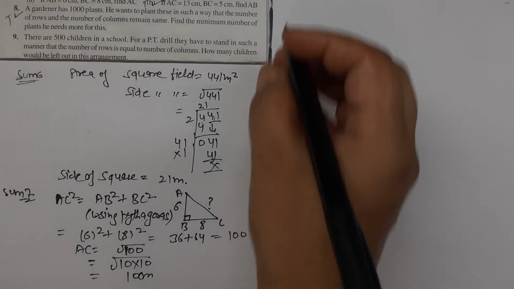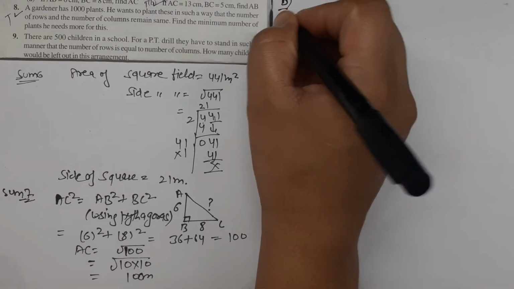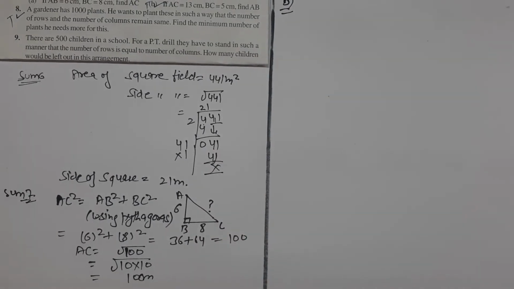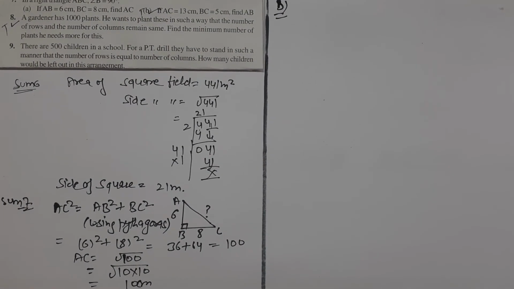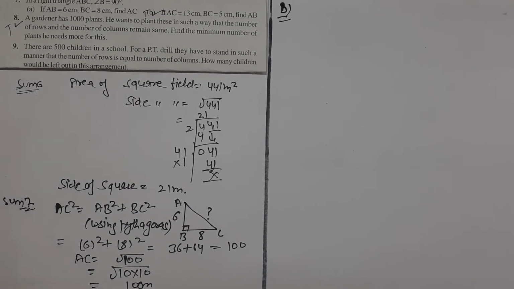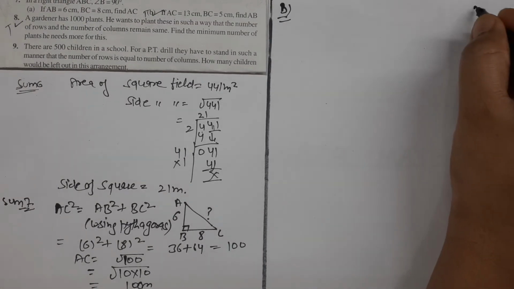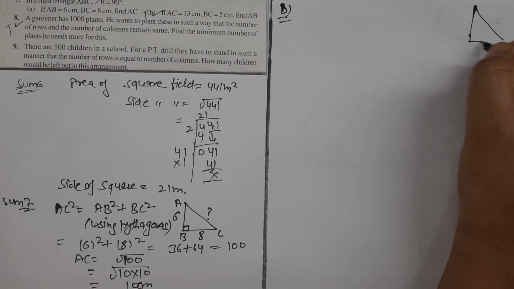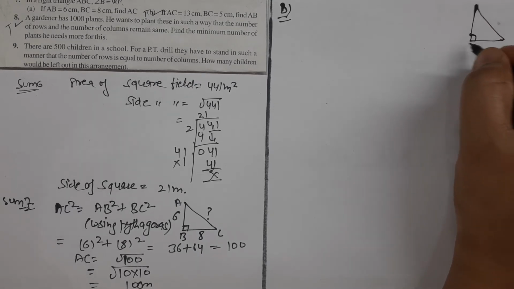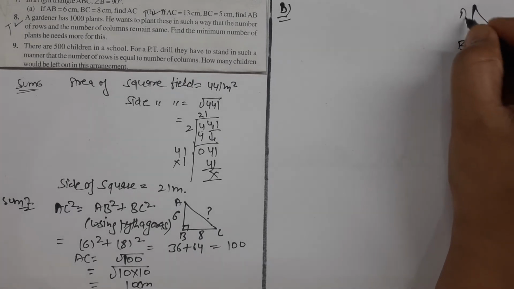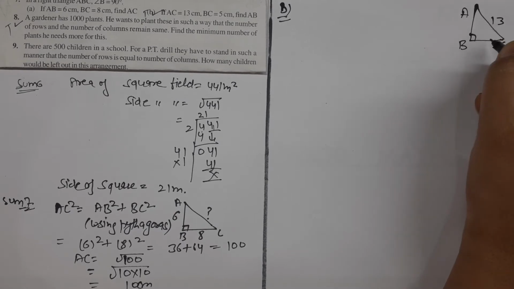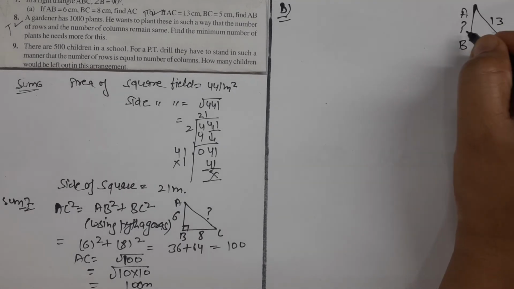Now the next is part B. In right angle at B, AC is 13, BC 5.